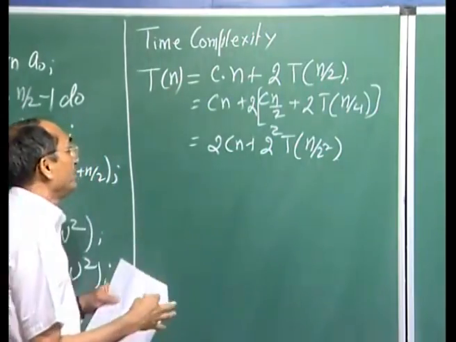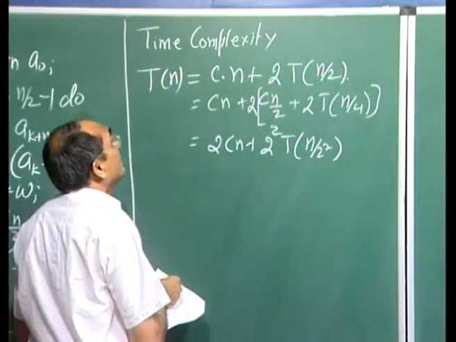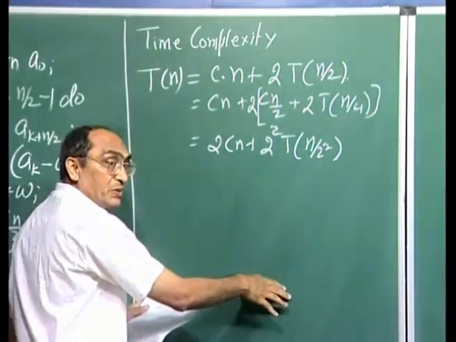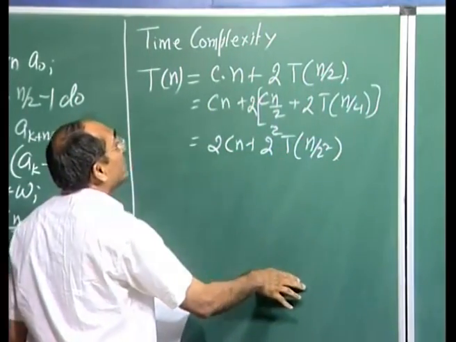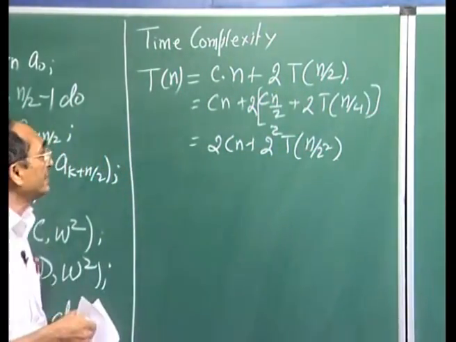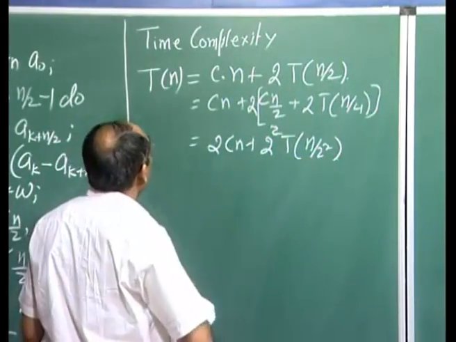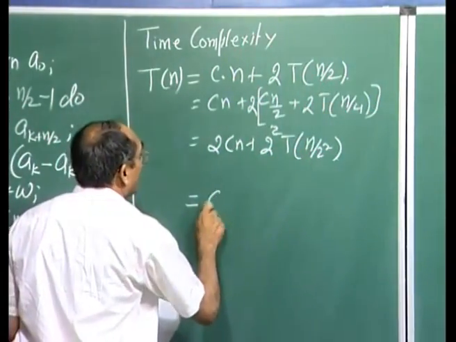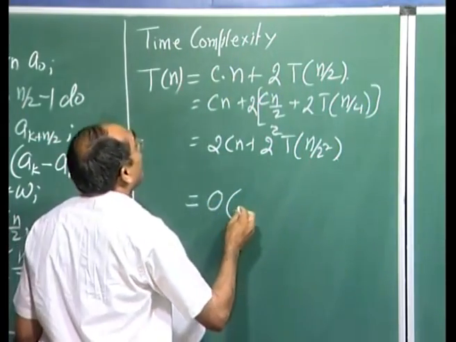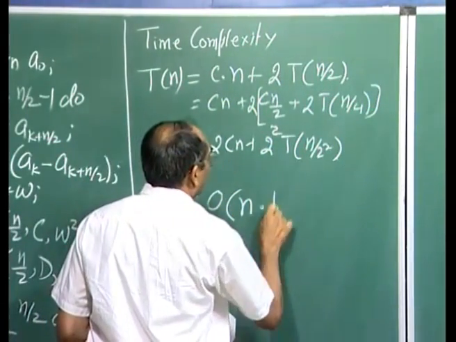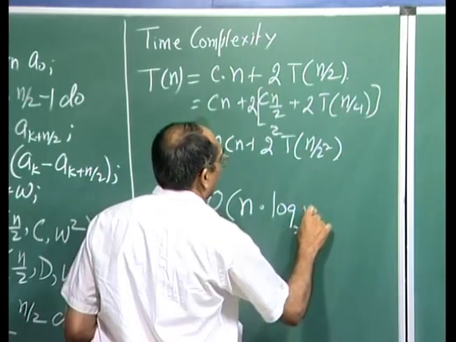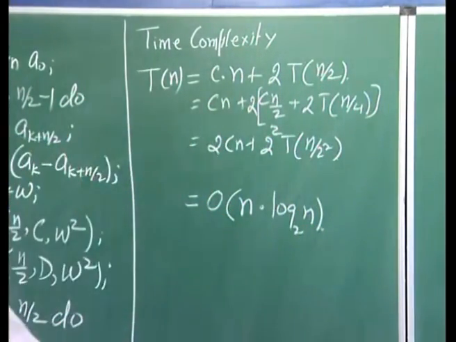Hence, each time we are going to get Cn term as we go along, but this is going to reduce to simple case in only log n steps, because every time it is halving. Hence, this is order n times log n. This is the time complexity of fast Fourier transform.